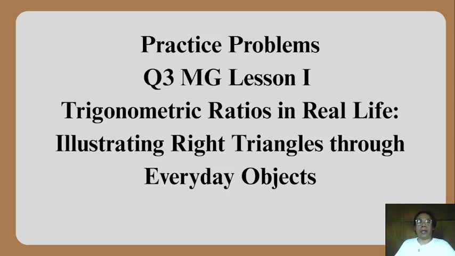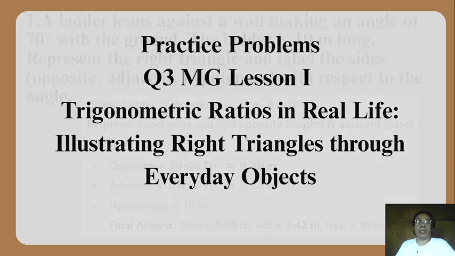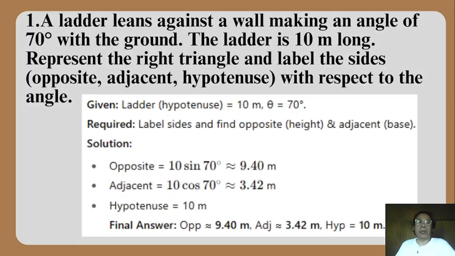Okay, let's go now to practice problems for our quarter 3 measurement and geometry lesson Roman numeral number 1, trigonometric ratios in real life, illustrating right triangles through everyday objects. Number 1.